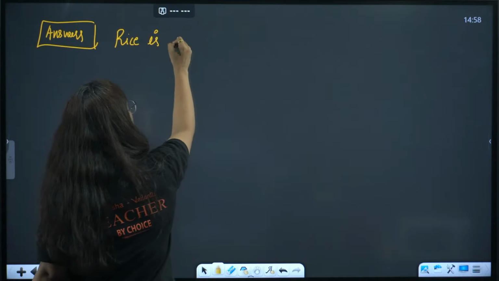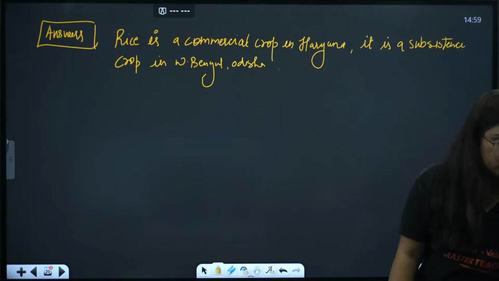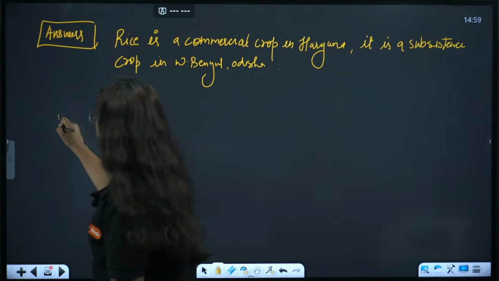However, it is a subsistence crop in West Bengal and Odisha. We are aware of that, right? But why? What are the differences between them? So we will talk first about Haryana and Punjab.